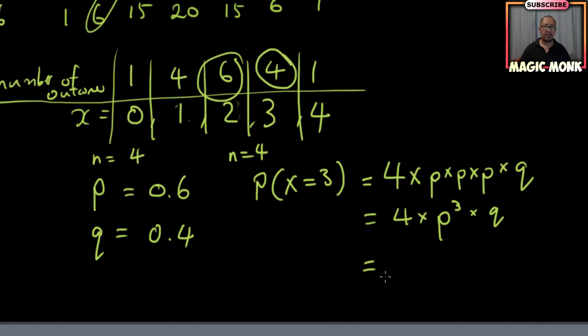So then the answer is 4 times 0.6 to the power of 3 times 0.4 to the power of 1, and the answer is 0.0864.